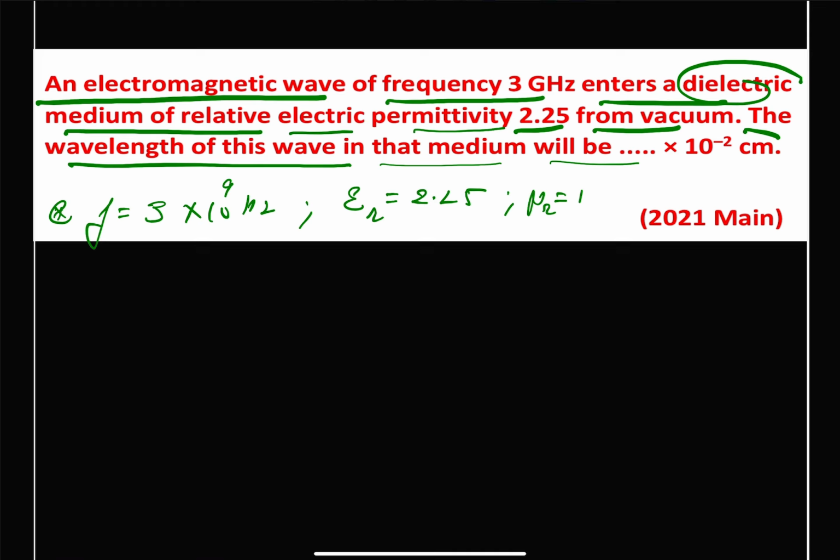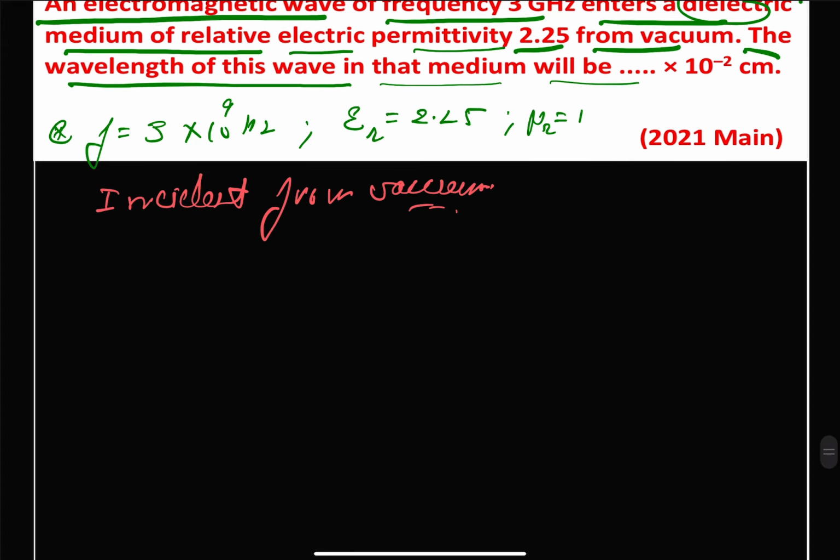So we have to remember this is incident from vacuum. Therefore, we can use the formula that the velocity in the medium will be equal to speed of light and square root of mu r and epsilon r.